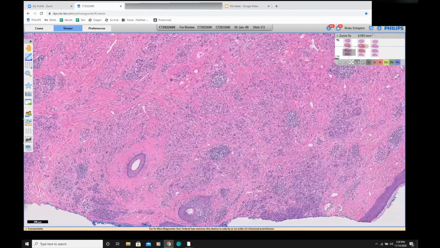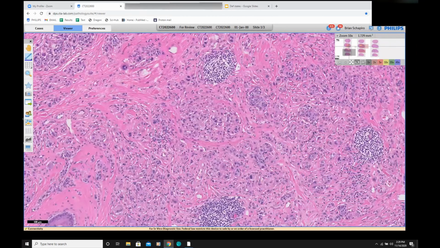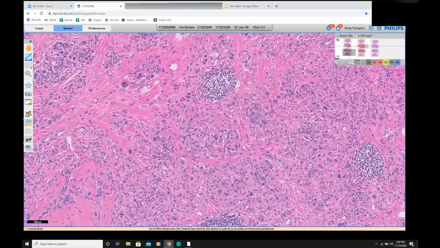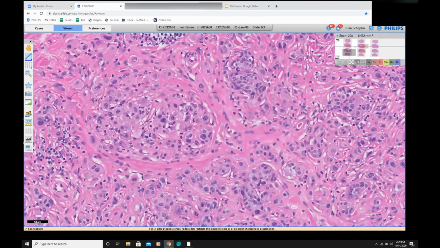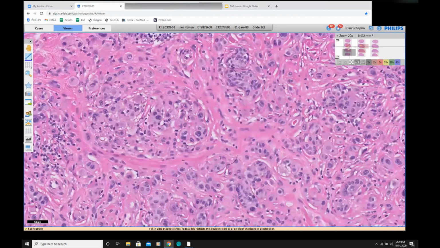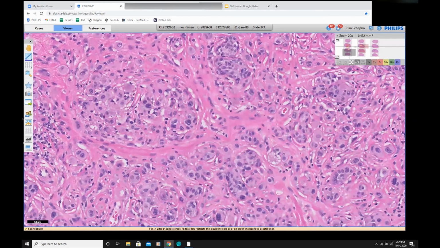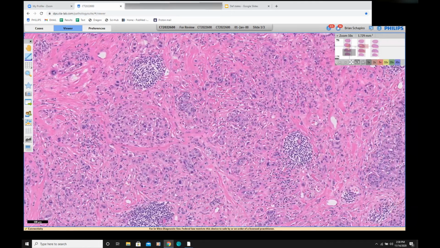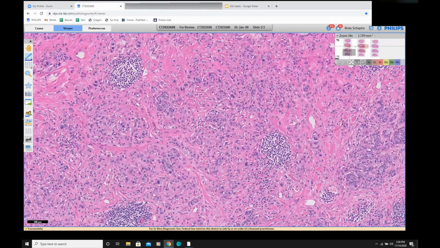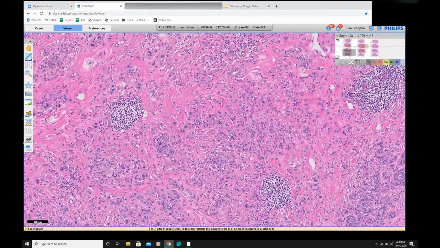The test to do next would be BAP, because this is a fairly classic BAPoma, or BAP-inactivated melanocytic tumor, that's now called. And these, as you know, can be sporadic or inherited. Most of them are sporadic, and they are markers of increased risk for uveal melanoma and other site melanoma.